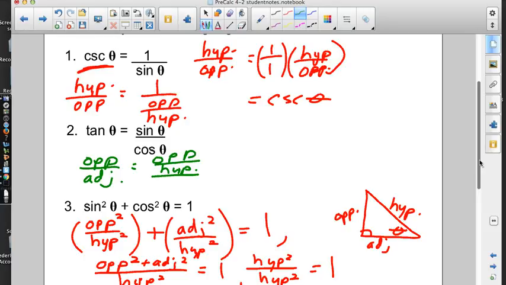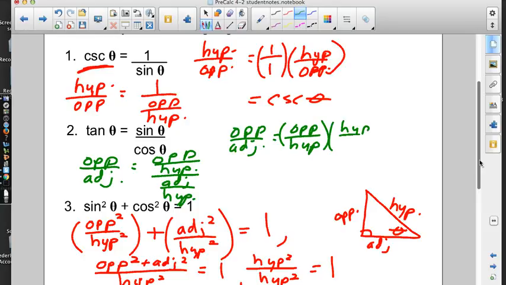If you do that, we're going to have to take something off. All right, so the intermediate step there: we've got opposite over adjacent equals opposite over hypotenuse times hypotenuse over adjacent. Okay, got that far? And then I just multiplied. Basically canceled out your hypotenuse, right?